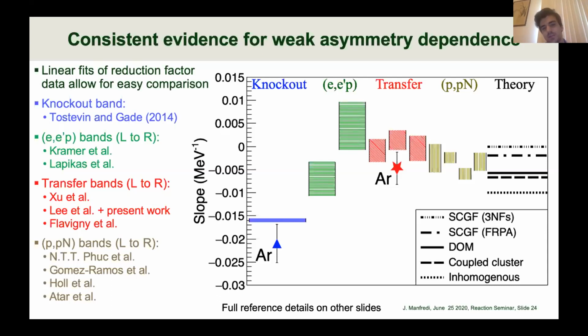So delta S is going to be very close to 0. There's going to be lots of fluctuation in the slope that comes out, and so that's what you see here by two sets of data, one from Lapikas and one from Kramer. But neither of them is quite as strong as what is observed in the systematics of Tostevin and Gade.